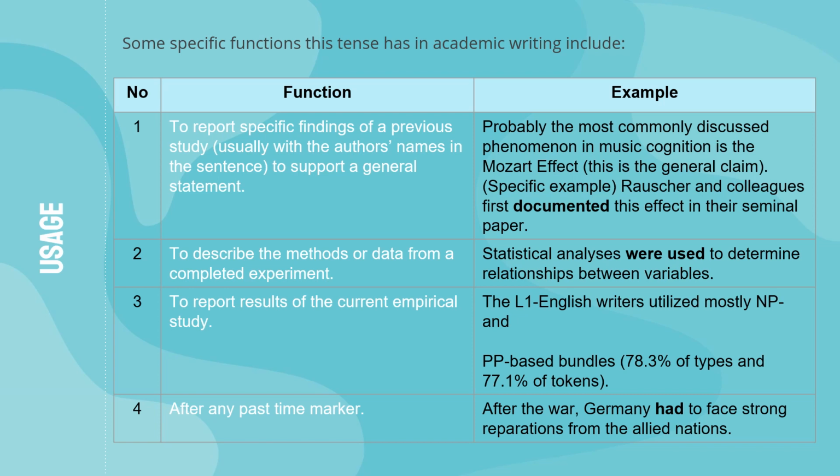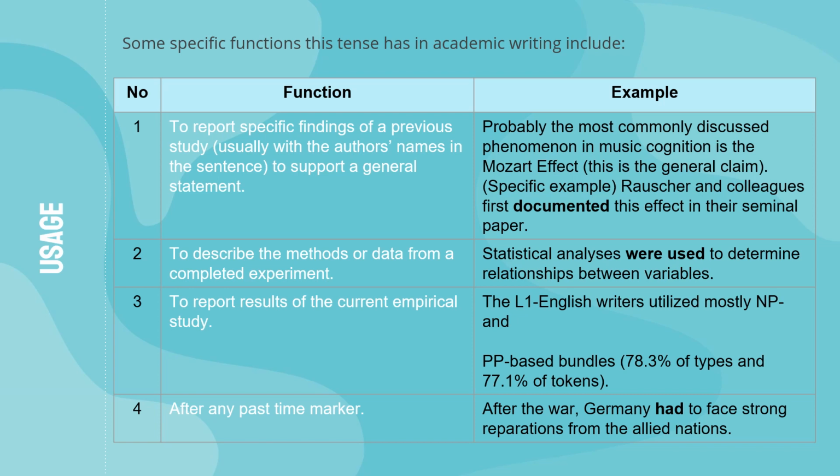Example: probably the most commonly discussed phenomenon in music cognition is the Mozart effect. This is the general claim. Specific example: Rauscher and colleagues first documented this effect in their seminal paper.